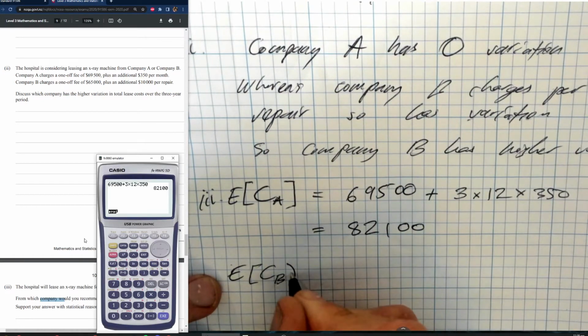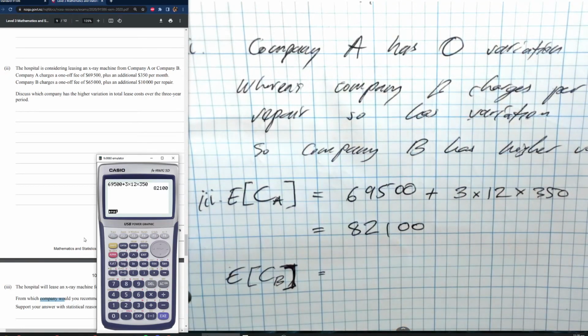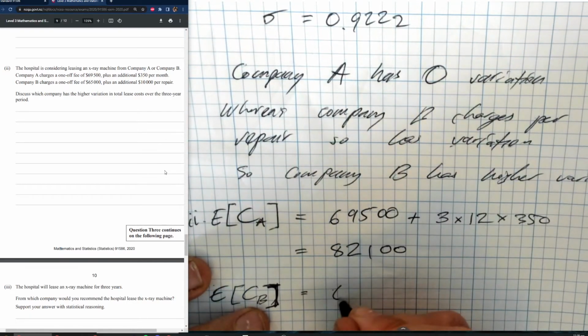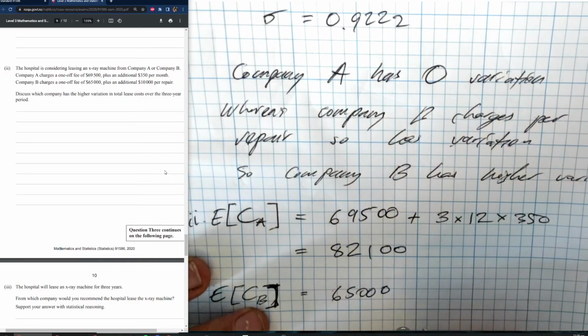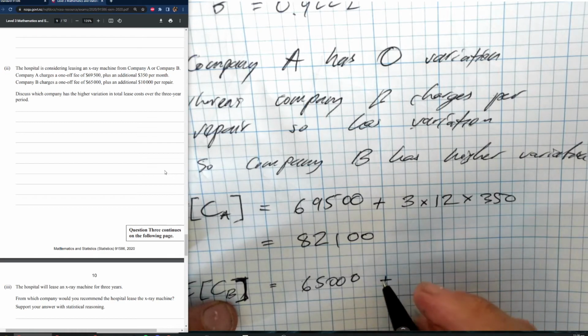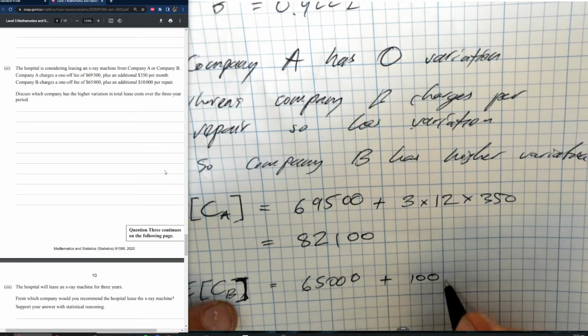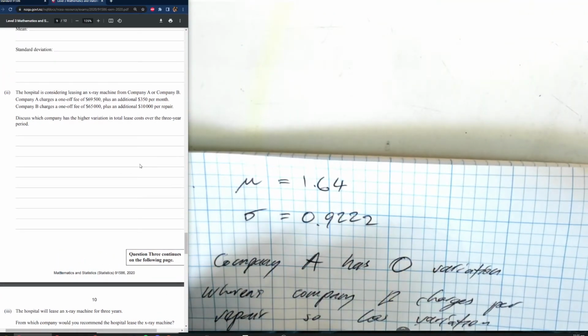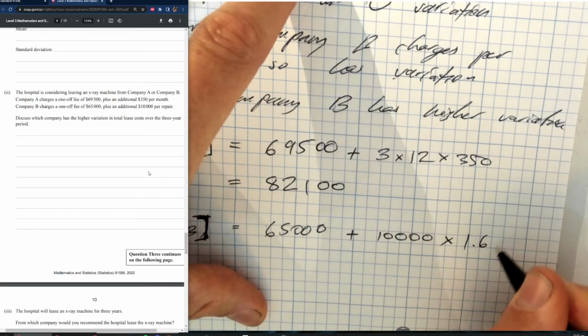Okay, now the expected value of company B equals $65,000 plus 10,000 per repair. 10,000 times, and we have an expected value. We got that before. We know the amount of repairs is going to be 1.64 on average.